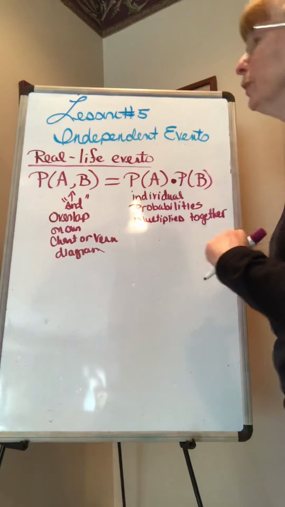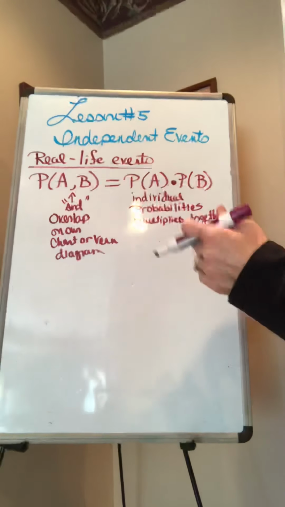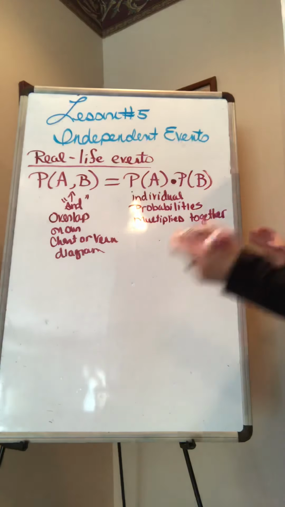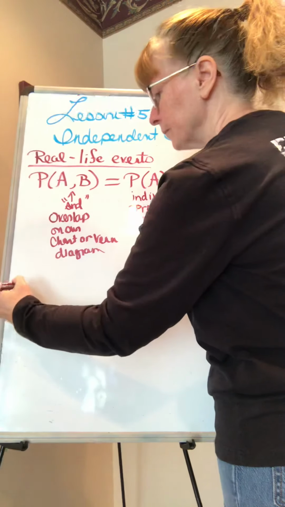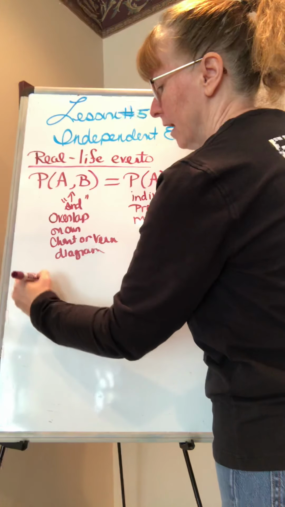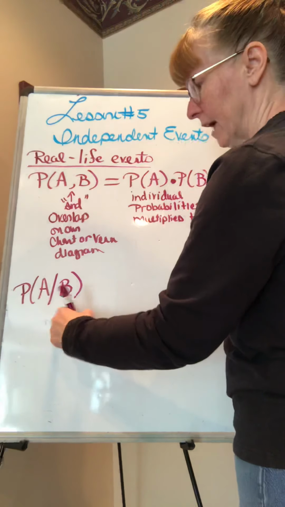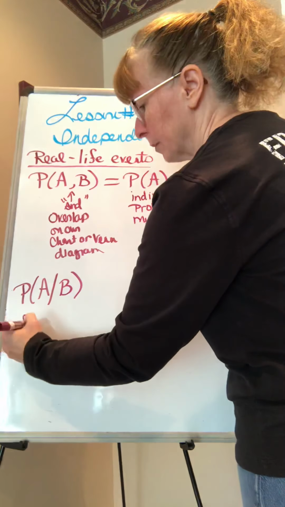Now, if you can't apply this to the real world and you just have to take the data they give you, the other formula for independent is this. The probability of A given B. So here now, this is a conditional probability.